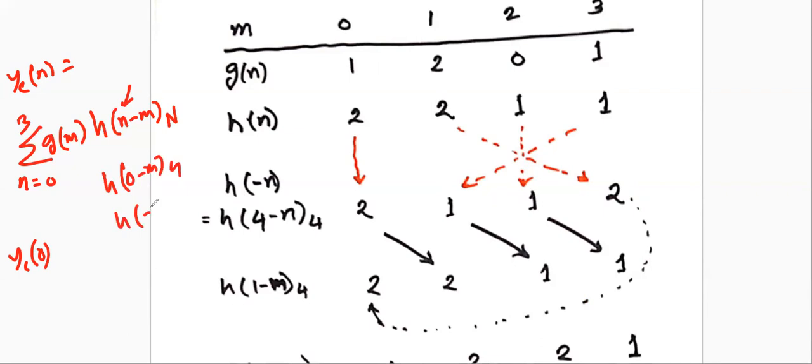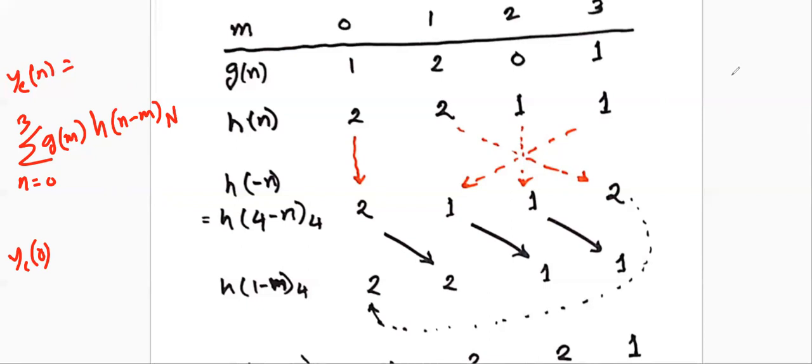H(minus m) is the folded version of h(n). It is a bit important to understand how we do the folding operation.